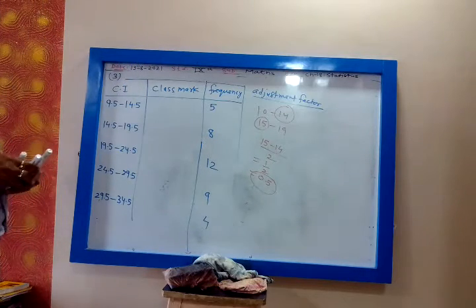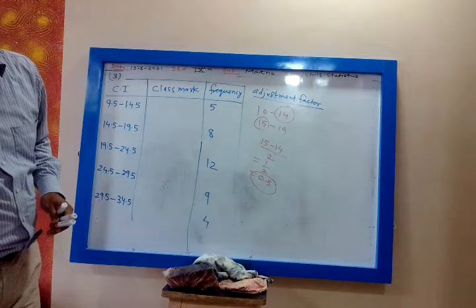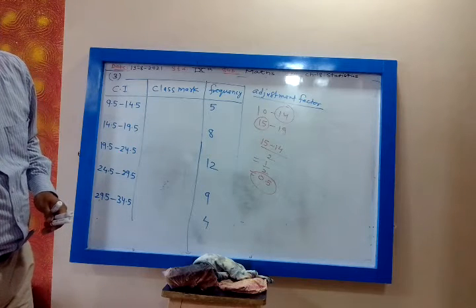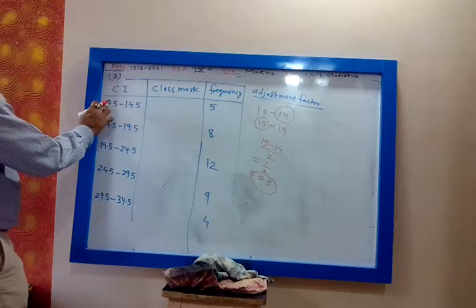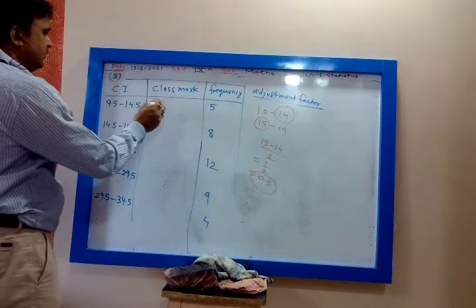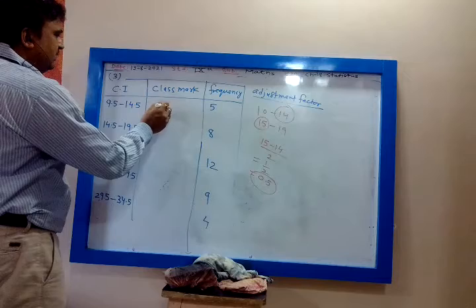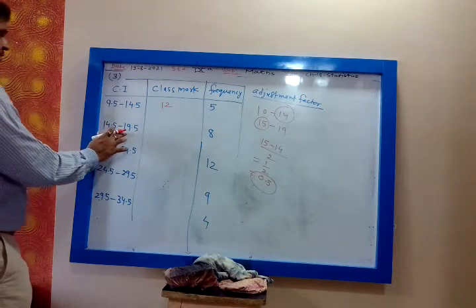Then how will we find the class mark? Tell me. My dear, how will we find the class mark? Lower limit plus upper limit divided by 2. 14 plus 9 is 23, 24. This is 12. Tell me. 14 plus 19 is 33, 34.